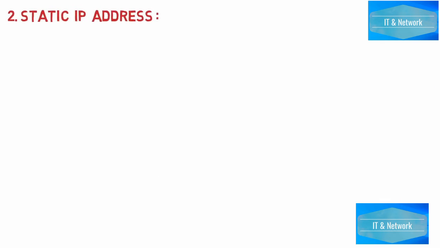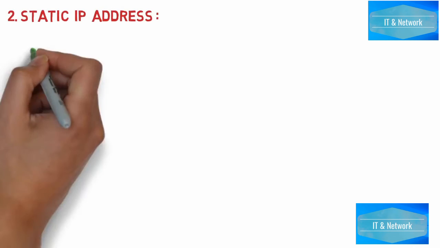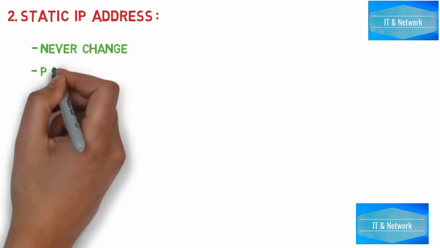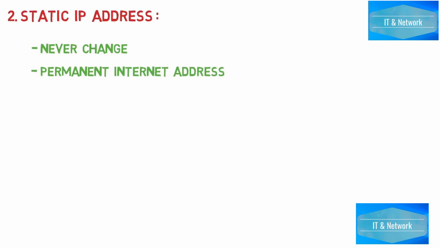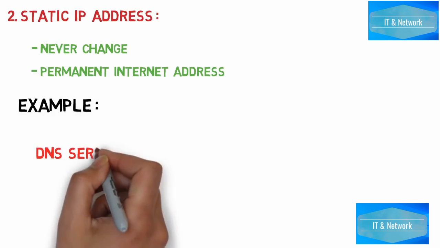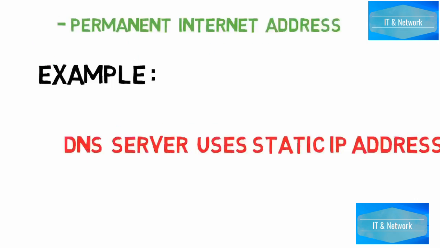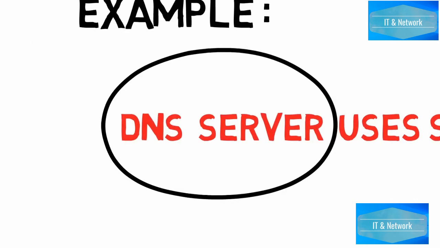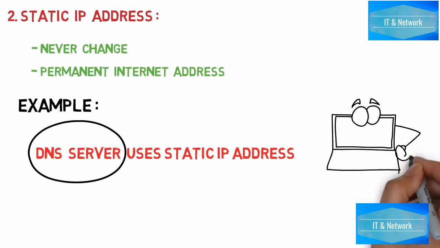Now, static IP addresses. Static IP addresses never change. They serve as permanent internet address. Static IP addresses are used by DNS servers. What are DNS servers? Actually, these are computers that help you to open a website in your computer.